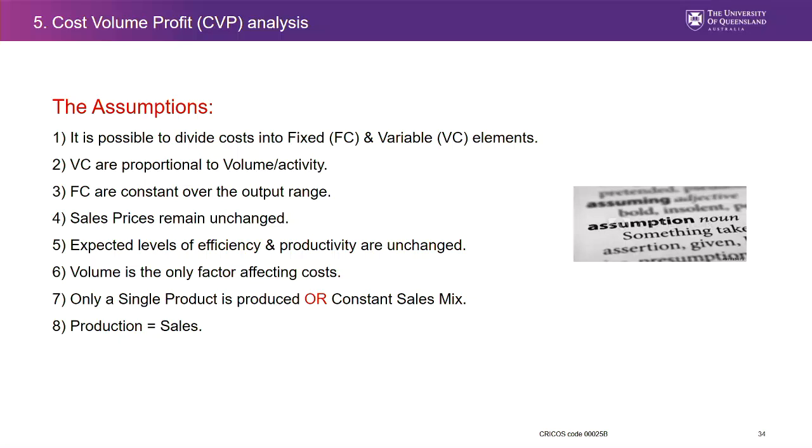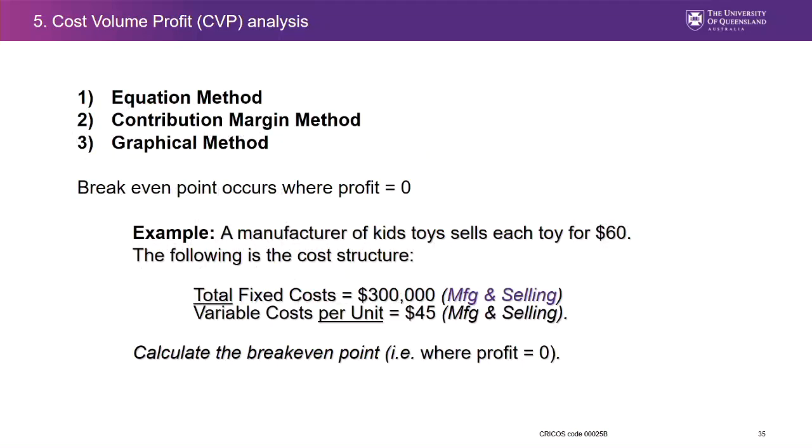We assume that we produce only a single product, or if we produce multiple products, that we produce them in the same proportion, and that our production equals our sales. So there's lots of assumptions. So you use this as a starting point to understand and predict the effect of some of the changes or decisions that you make about pricing, volume, types of costs on your profit.